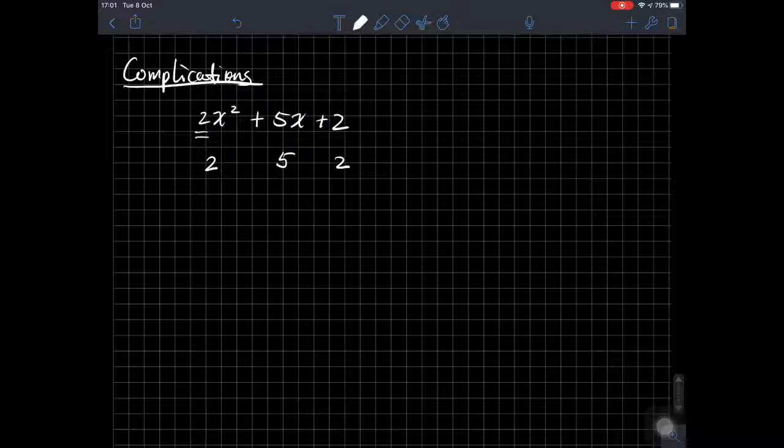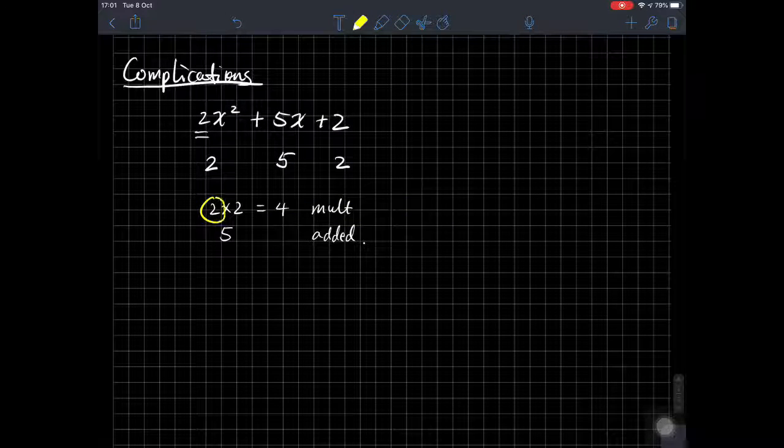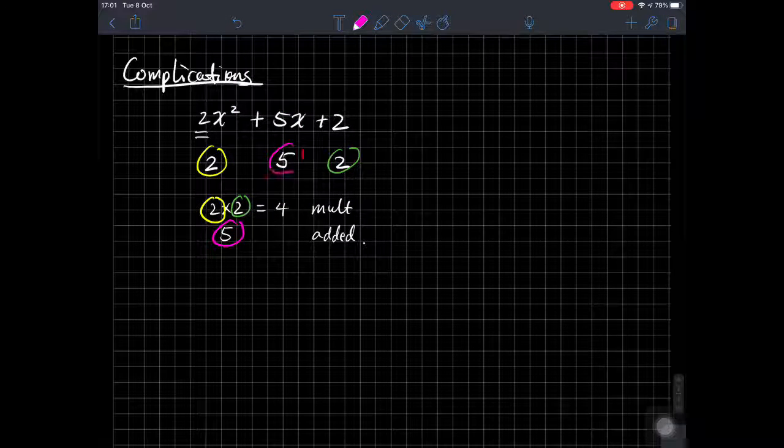So we have to find numbers which give 2 times 2 equals 4 when multiplied, and 5 when added. Just to color code this, this 2 comes from here, this 2 comes from here, and this 5 comes from here.